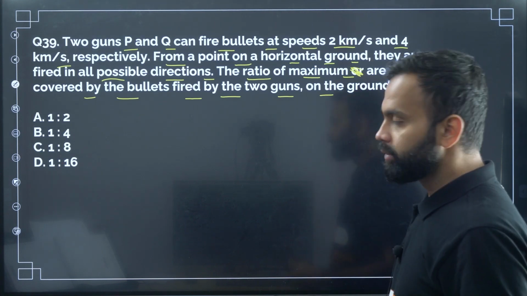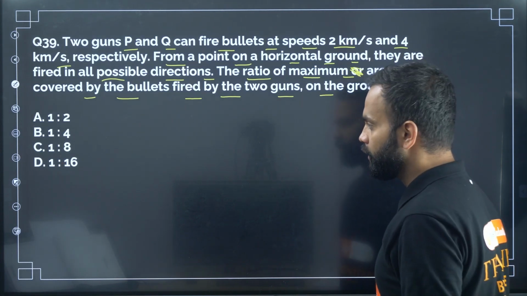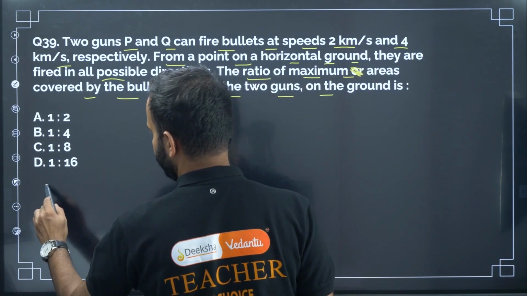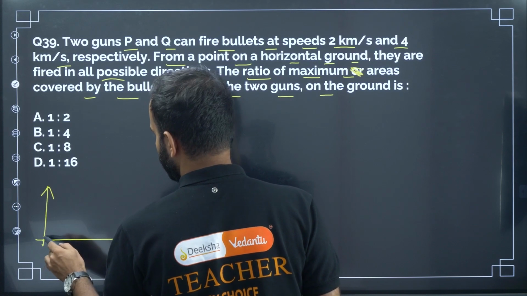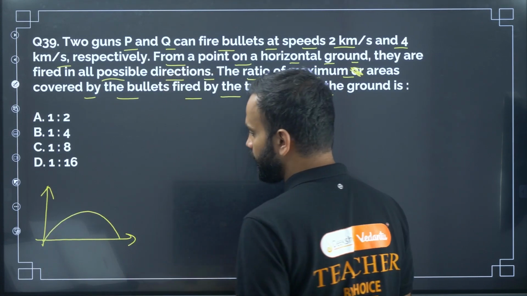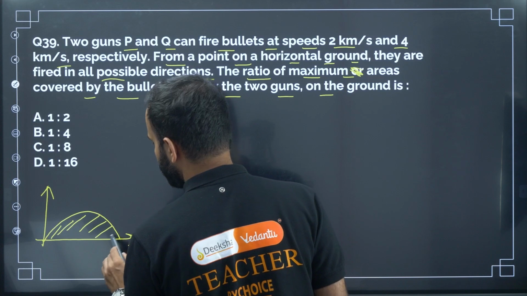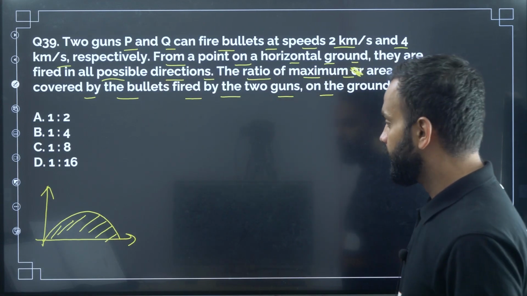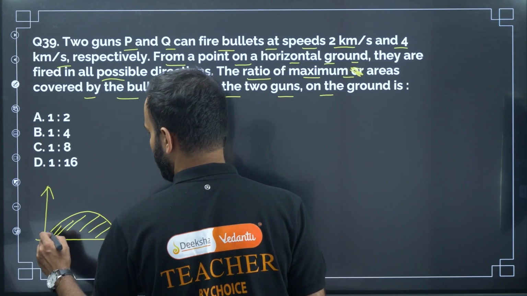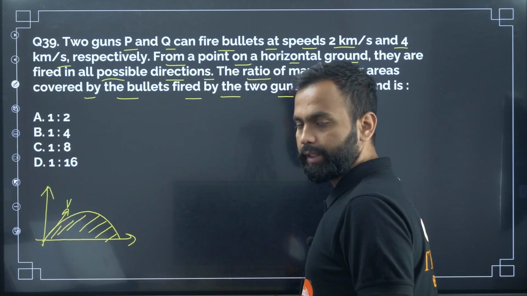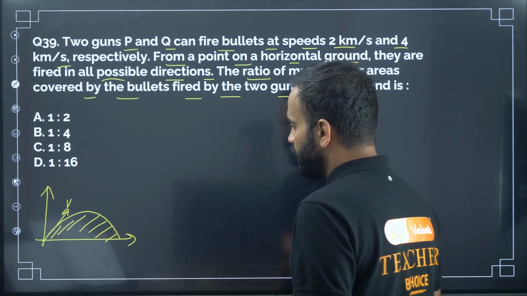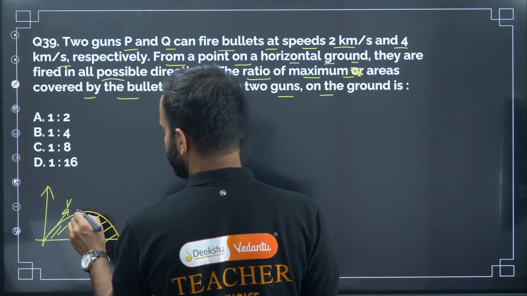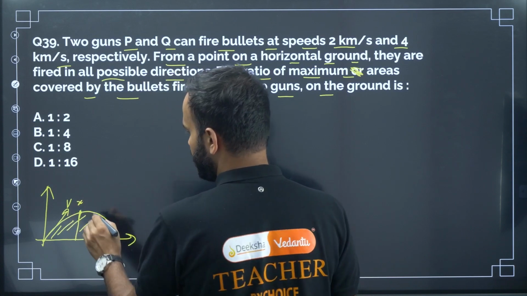Okay, so this one is a little bit tougher question. First we need to find the area of that path, right? So this is the trajectory of the projectile. We need to find the area under it. So this is the velocity v, and this is the point x comma y.